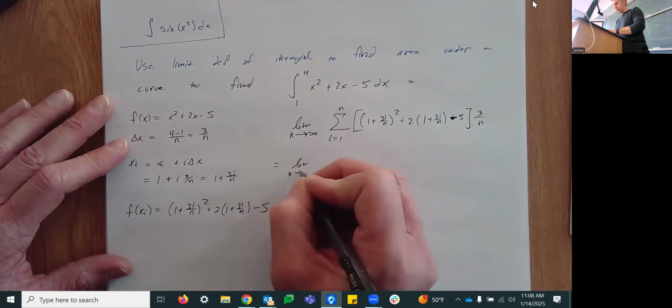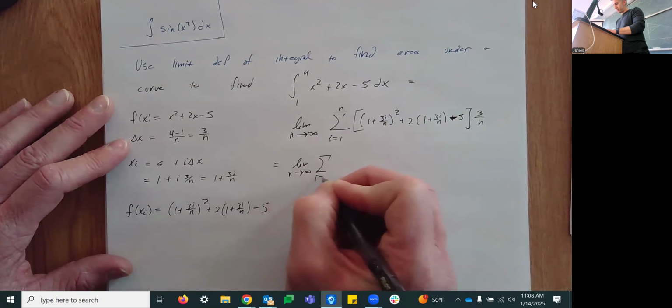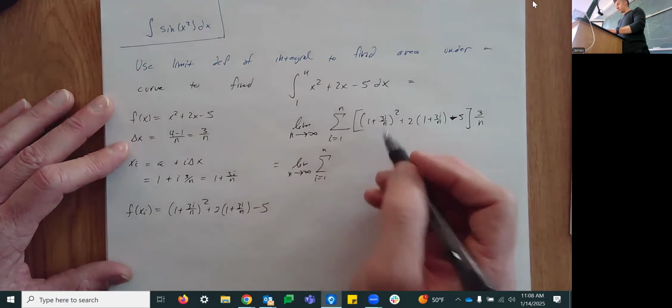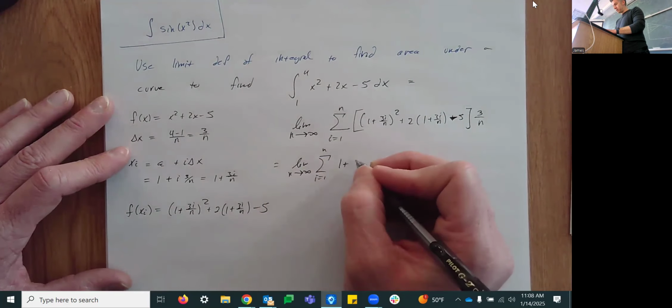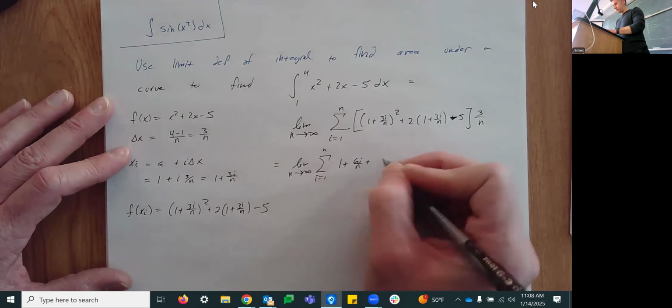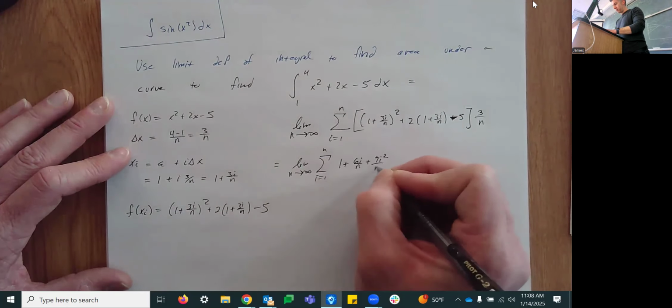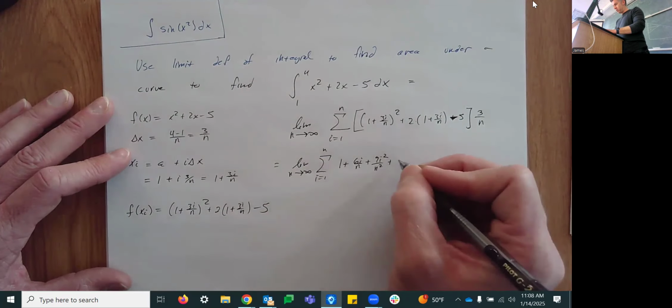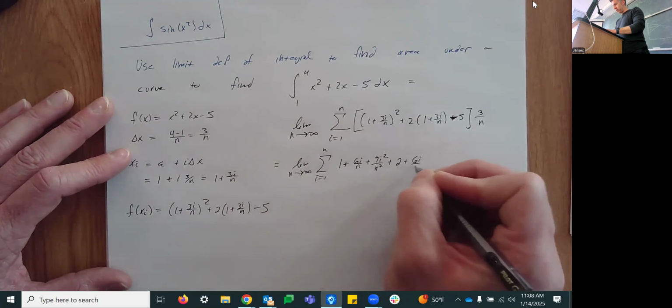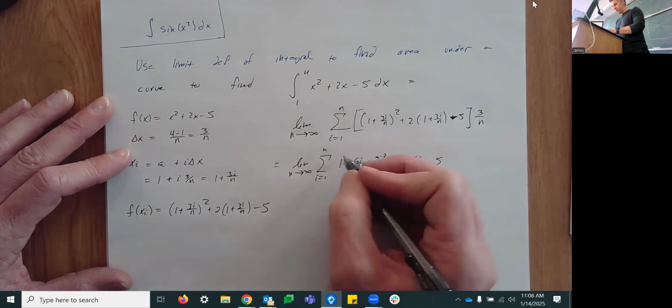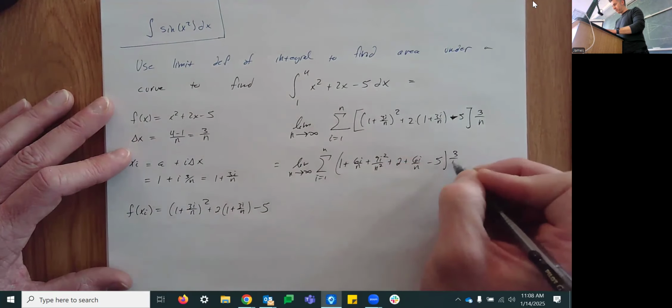So multiplying it all out, 1 plus 3i over n squared is going to be 1 plus 6i over n plus 9i squared over n squared. Distribute the 2, we get 2 plus 6i over n, subtract 5, all that multiplied by 3 over n.